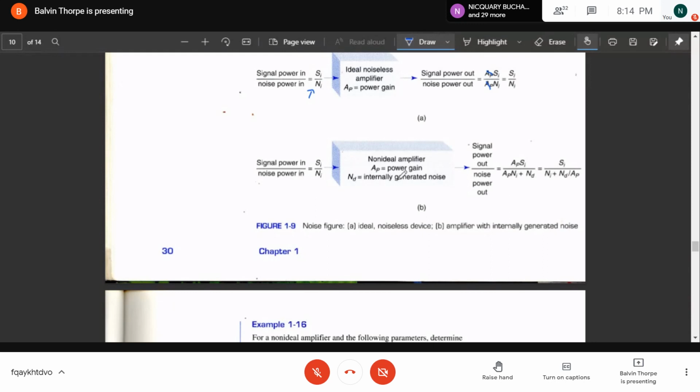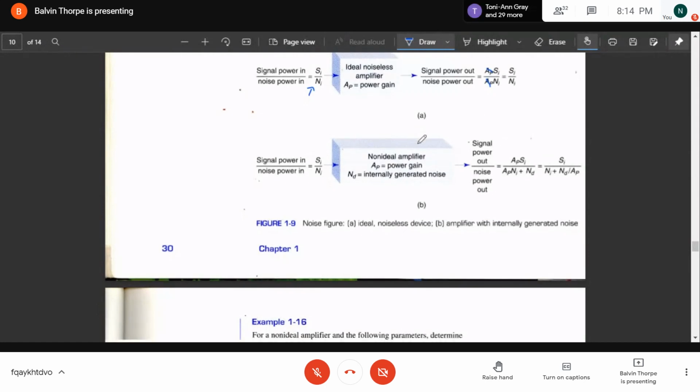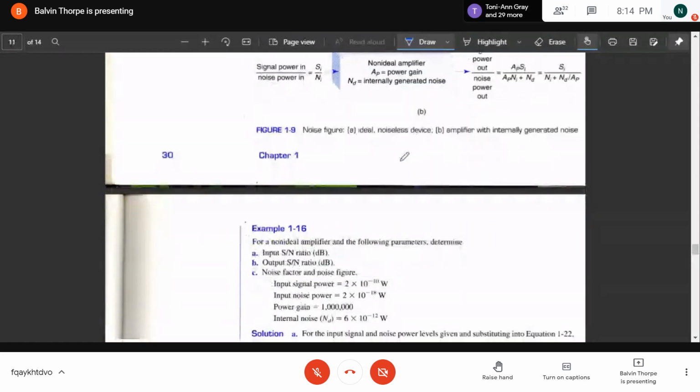Right? And therefore, the noise figure is going to be the ratio of the input, which is SI over NI, over the signal to noise ratio of the output, which is given by the same thing that we had determined before. So just giving you two conditions.